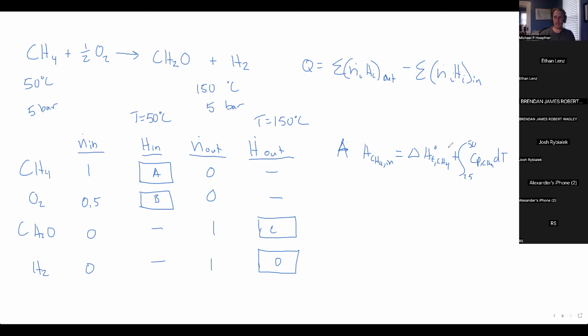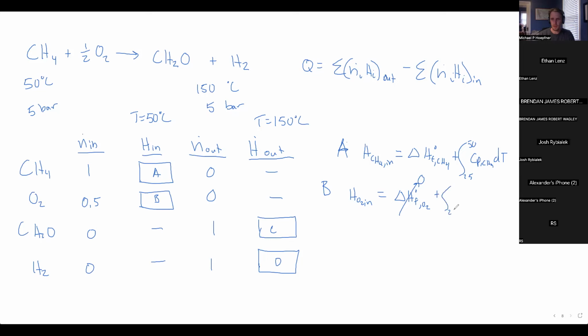I calculate this, I look up the heat of formation, I crunch these numbers, and I plop it into spot A in my table. For B, the enthalpy of the oxygen in is going to be its heat of formation. What is the heat of formation for oxygen, O2? 0. 0.